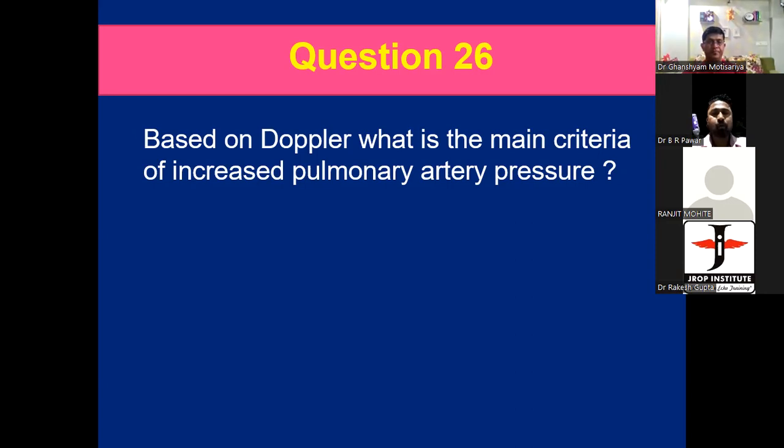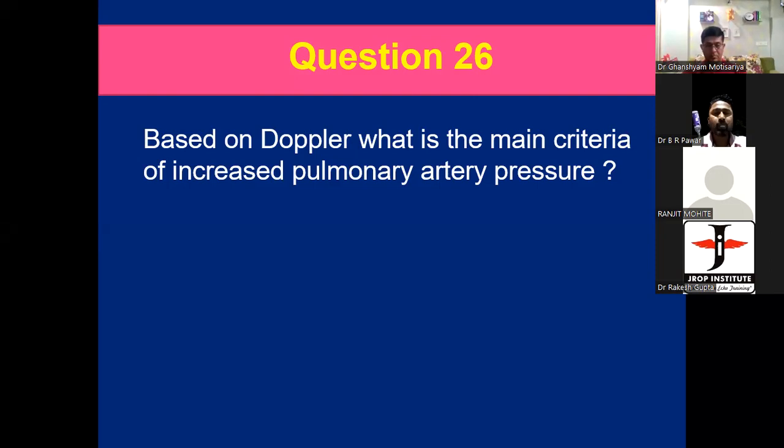We will give it to Jayanti. Jayanti, would you like to add? How do you calculate mean pulmonary artery pressure from peak pulmonary artery pressure? No, sir. Oh, come on, Jayanti. I'm not really happy with both of you. So that is the formula, sir. 0.6 into peak pulmonary artery pressure plus 2.1 is the formula.